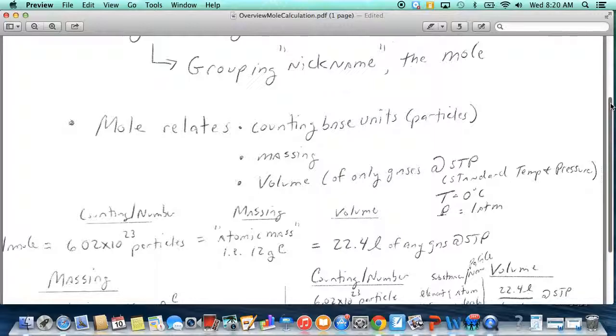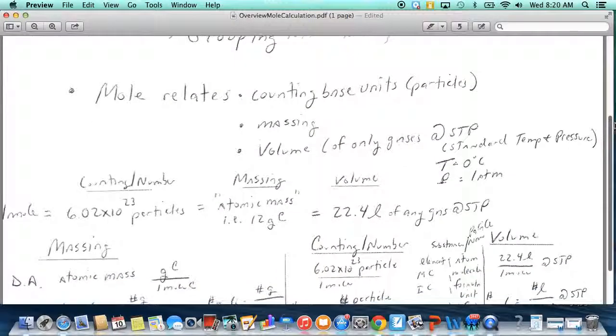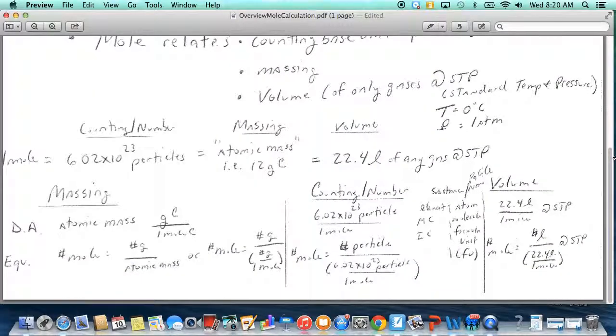You should have done each one of these already, because this should be a review. If you scroll down a little on the page, I related them all together in one string. 1 mole is equal to, if you're counting particles, 6.02 times 10 to the 23rd particles.